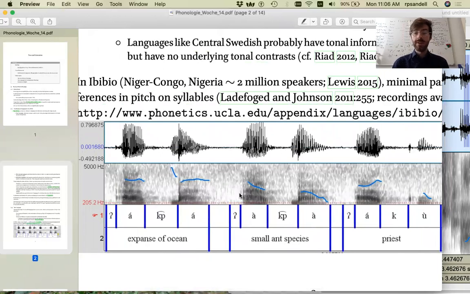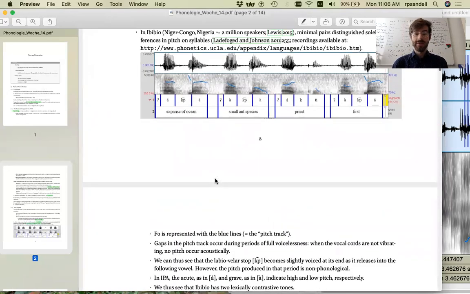So we can see here that there is this contrast between high pitch and low pitch. Any given vowel may carry this difference between a high pitch and a low pitch, and it looks like this needs to be lexically specified.